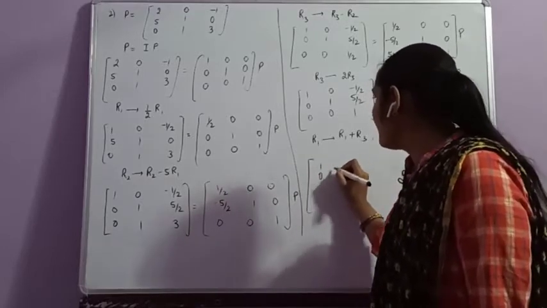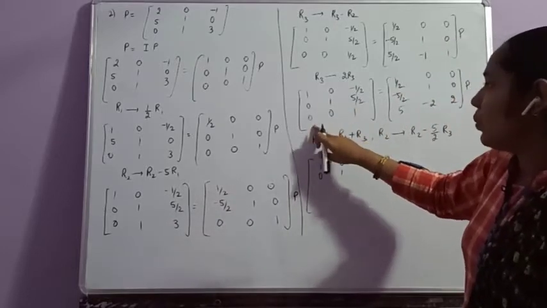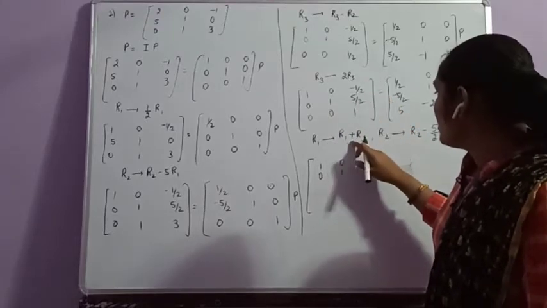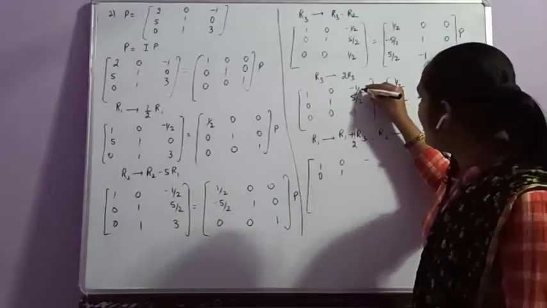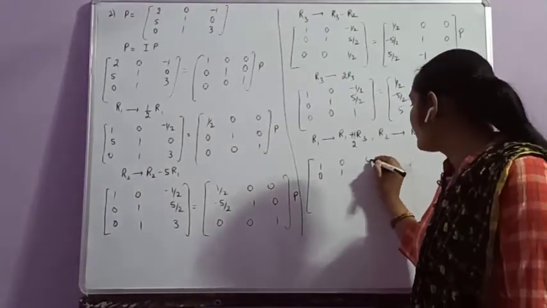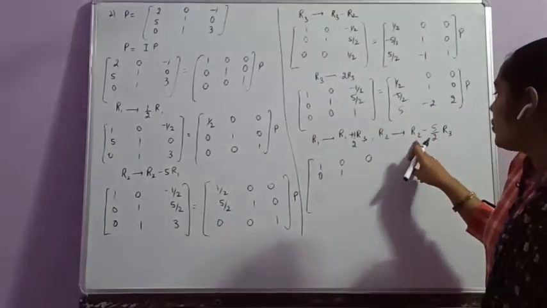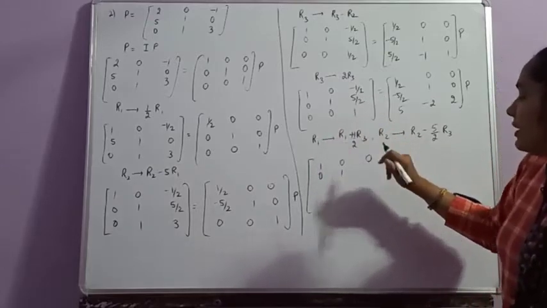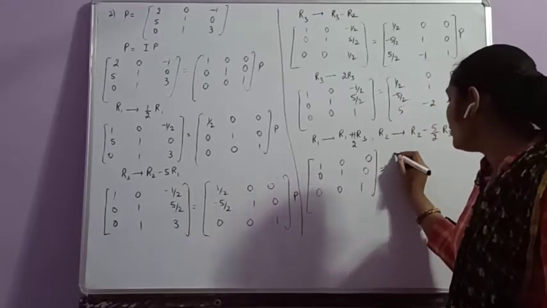On the left side, half of R3 gives minus 1 by 2 plus 1 by 2 that is equal to 0. Similarly, for the second row, 1 minus 5 by 2 times 0 is equal to 1, and 5 by 2 minus 5 by 2 of 1 is 0, then 0 0 1. The same operations are applied on the right hand side.